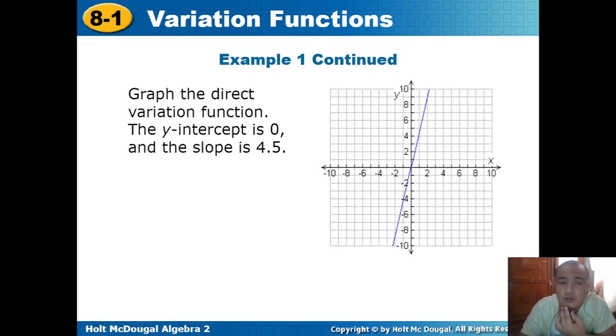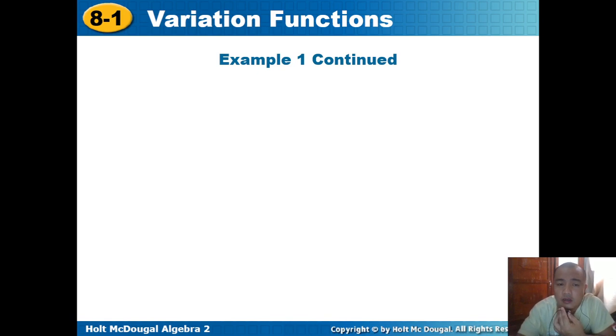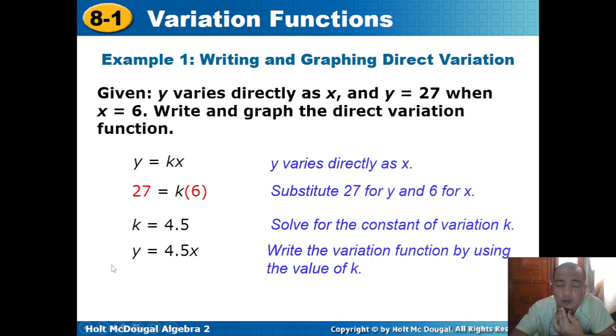Continuing example 1, let us graph. The equation y equals 4.5x is a linear equation of the form y equals mx plus b. b is 0, the y-intercept is 0, so it will pass through the origin.